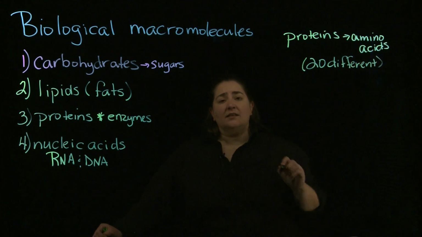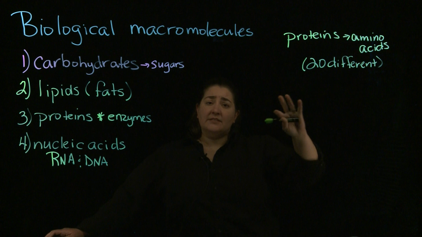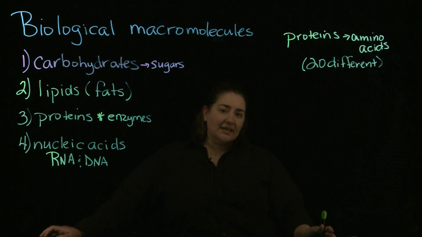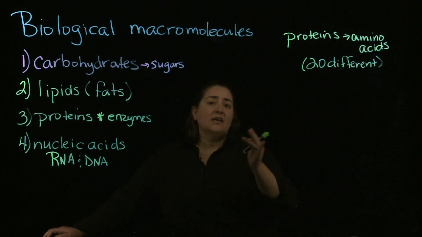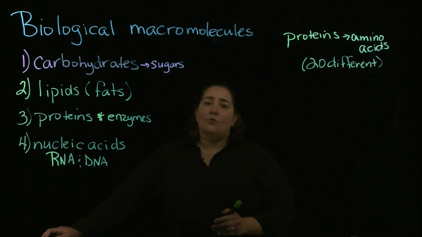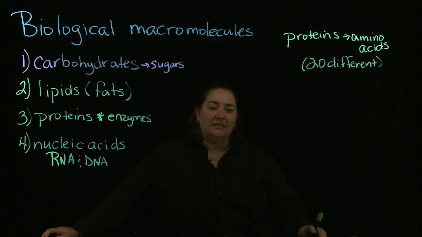You'll see in the PowerPoint material I gave you, I have a diagram with all 20 of those amino acids. Don't anyone panic. I am not on the test going to ask you to identify a tyrosine versus a phenylalanine, or a lysine versus an alanine.